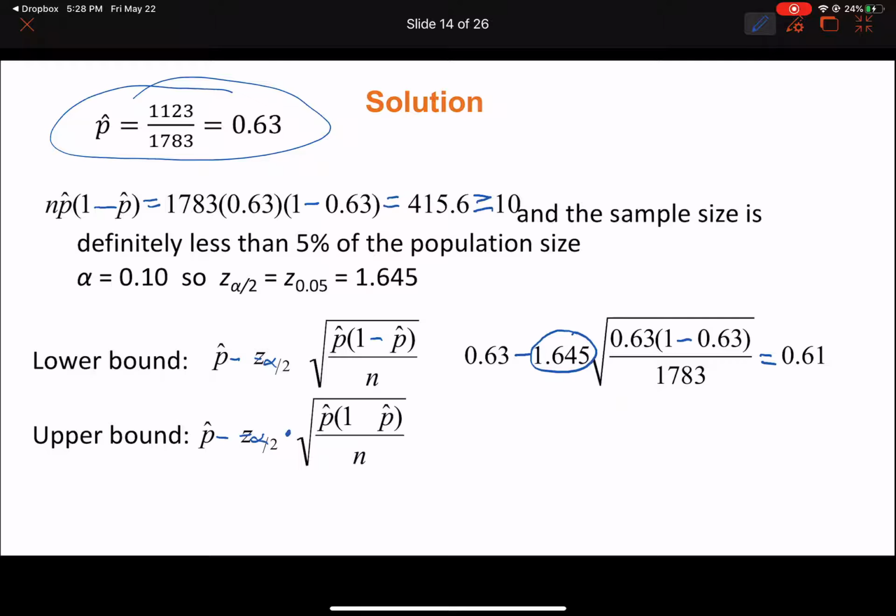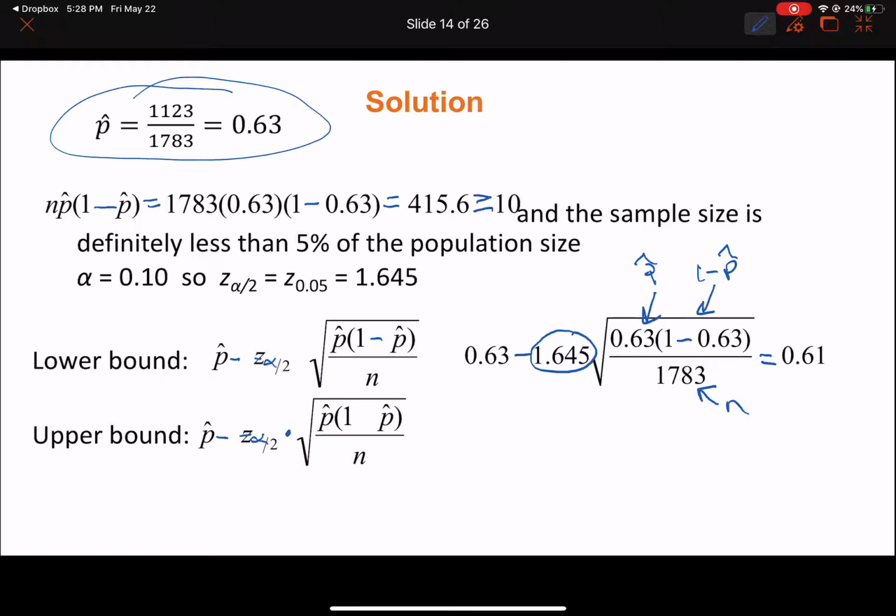The 90% confidence interval is on the bottom of that Z table. You just look at 90% and go over to the Z-score that corresponds with that. It's 1.645. And this here is my p-hat. And this is 1 minus my p-hat. This right here is n.